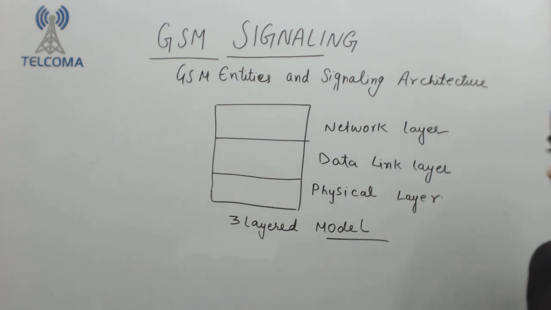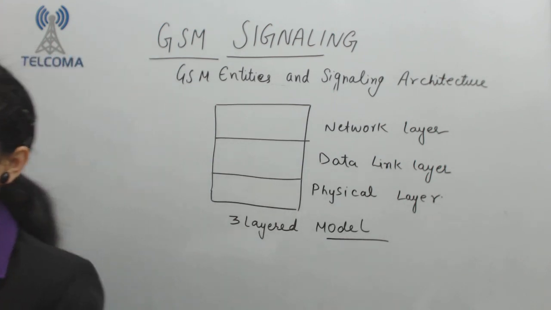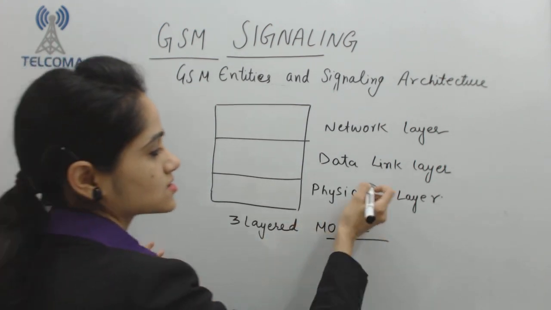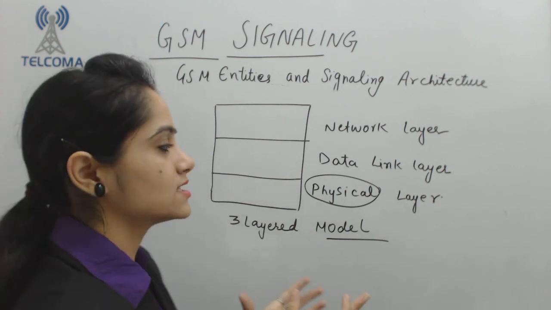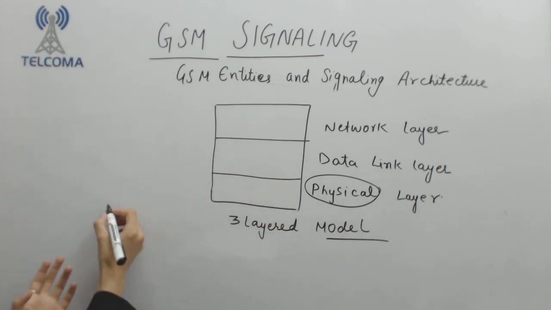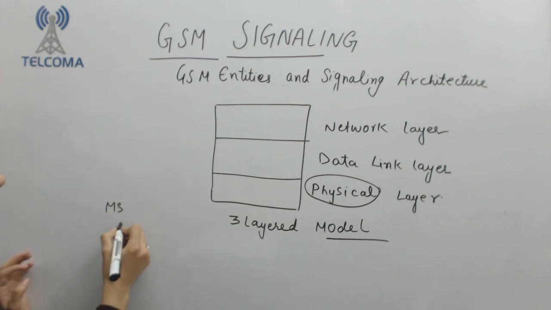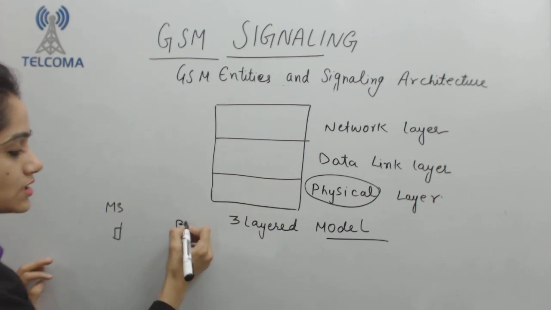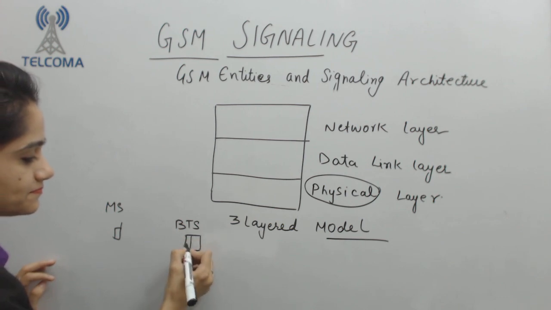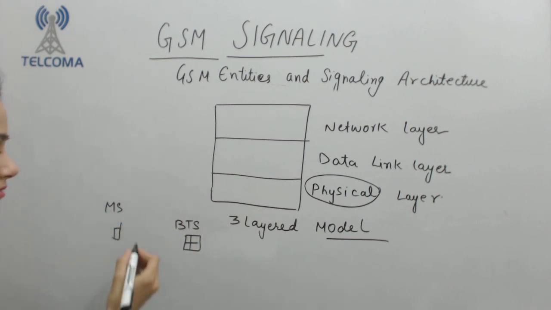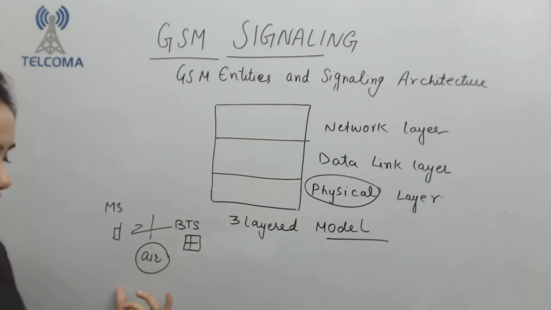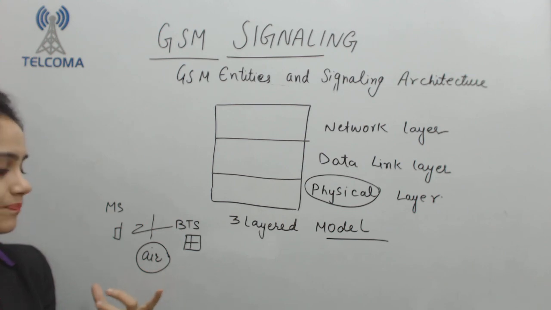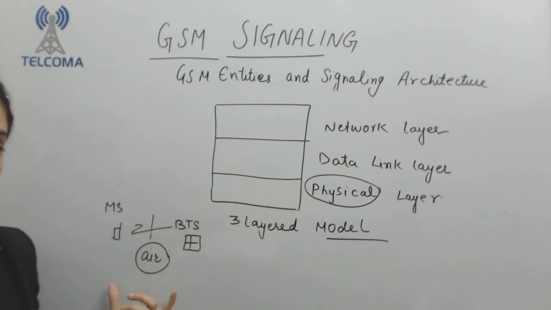So if I compare, what is the physical layer? This physical layer does not mean that it is any physical connection. It is just a media. Like this is my mobile station, and this mobile station requires to attach to the BTS. So we require a media. I'm connected with the help of air, so this will be my physical layer through which I am connected.